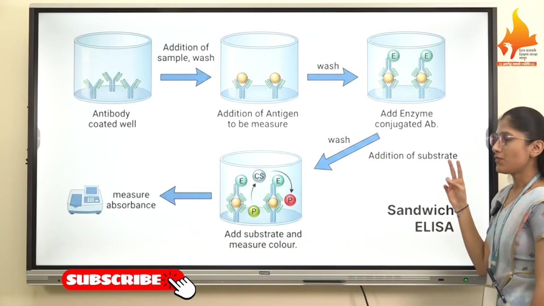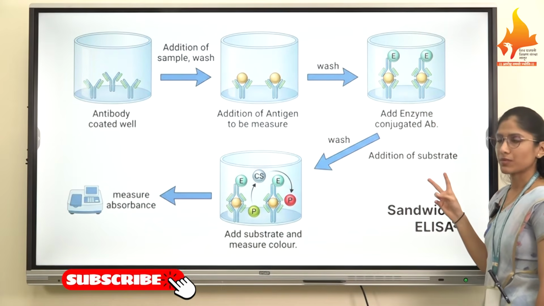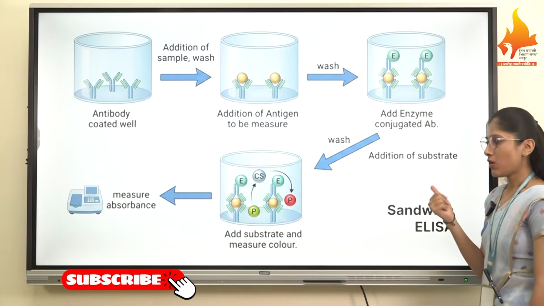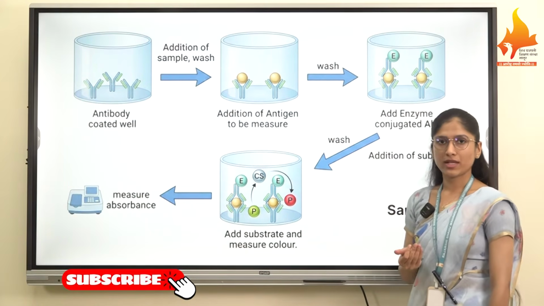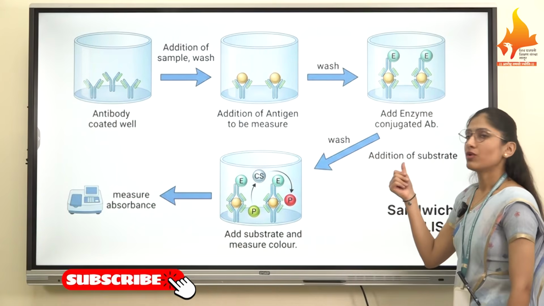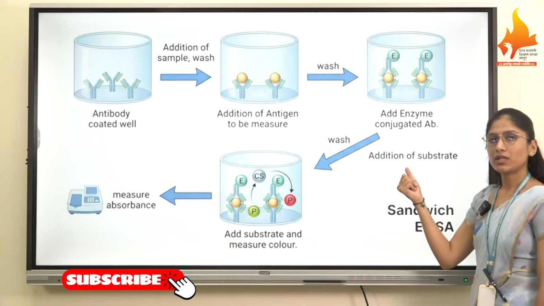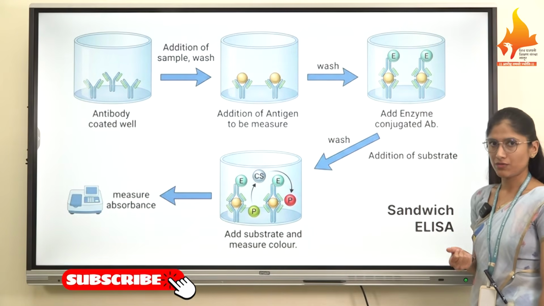Then addition of substrate. For that particular enzyme, we add the substrate. If we use the horseradish peroxidase, we add the hydrogen peroxide and tetramethylbenzidine. If we use the alkaline phosphatase, we use the substrate para-nitrophenyl phosphate.